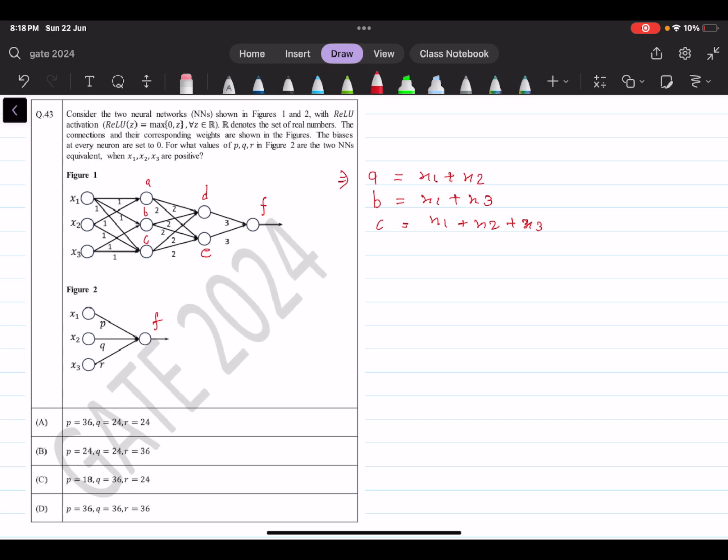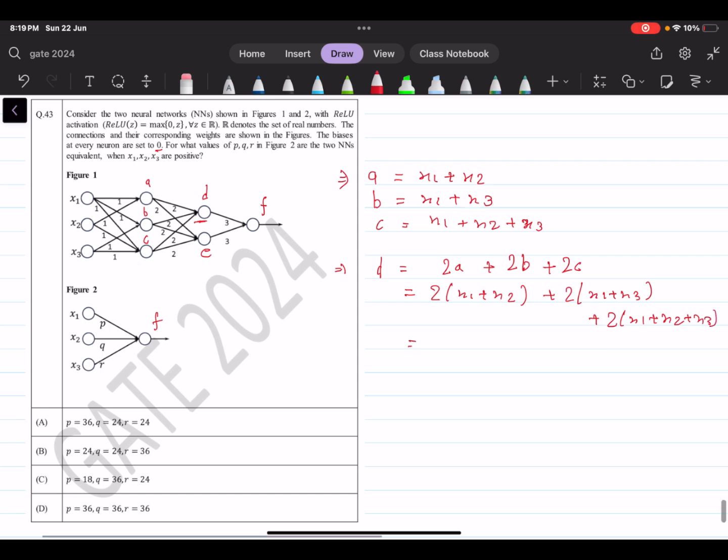Now let's go to D and E. D has three incoming connections from A, from B, and from C, with weight 2 each. So D will be 2 of A plus 2 of B plus 2 of C. Mind that we are ignoring the ReLU and we have bias at 0, so we are not adding that. It will be 2 of x1 plus x2, plus 2 of x1 plus x3, plus 2 of x1 plus x2 plus x3.